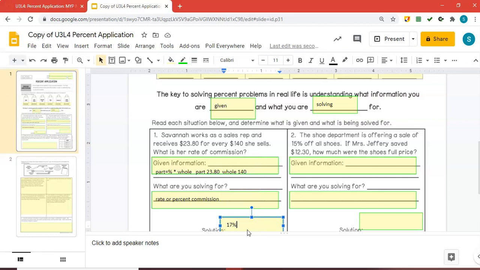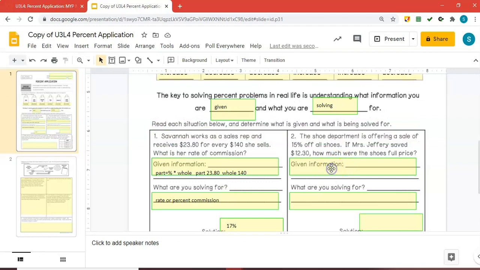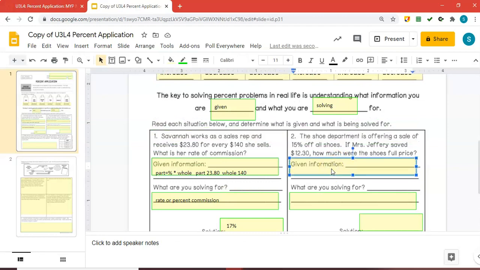The shoe department is offering a sale of 15% off all shoes. If Miss Jeffrey saved $12.30, how much were the shoes full price? Okay, so think about the given information. We know the percent discount, 15% off.